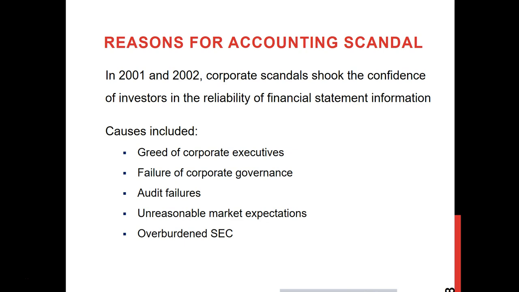And of course, we can blame the corporate governance system of a company. If the corporate governance system is not strong, then this kind of fraud can take place frequently. We can also talk about the role of the accounting firm.